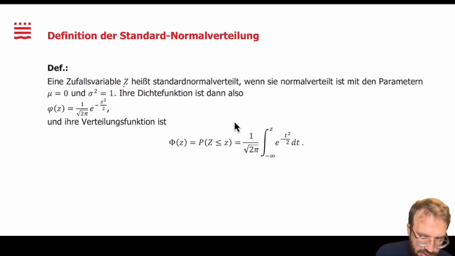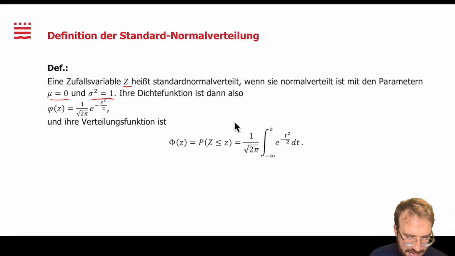So a random variable Z, we often write Z for the standard normal distribution, is said to be standard normally distributed if the mean is 0 and sigma, or equivalently sigma squared, is 1.